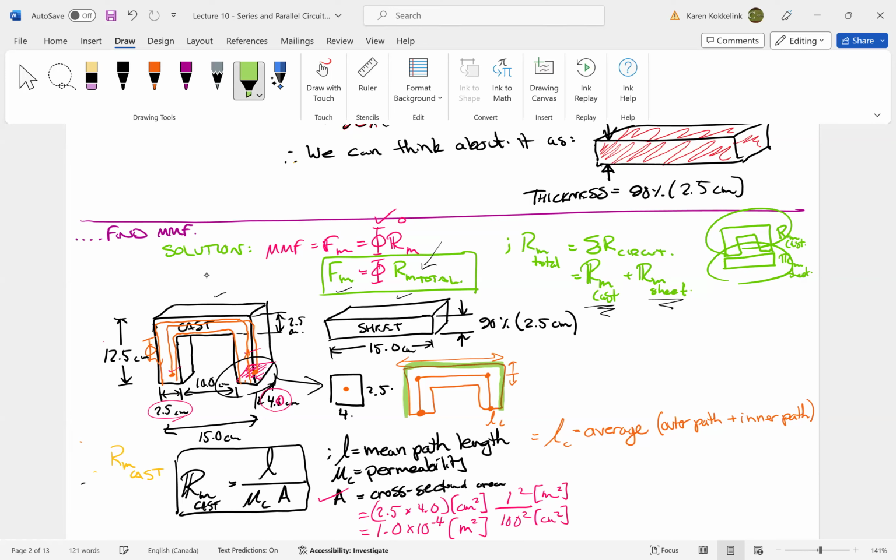And this outer path is 12.5 plus what, 15 over here, plus what, another 12.5 down the side. So it's 15, and then it's 12.5 and 12.5. And those are all going to be in centimeters.